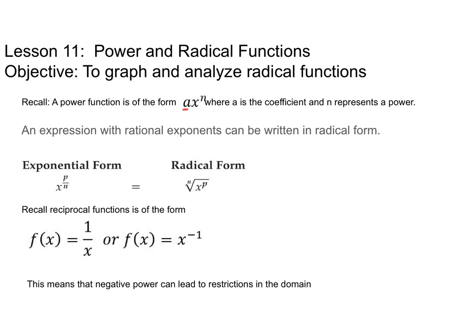An expression with rational exponents can be written in radical form. So if you encounter a rational exponent, meaning an exponent written with a fraction, then that's basically another form of writing radicals. For example, instead of having x to the 1 over 2, the square root of x is the same thing.